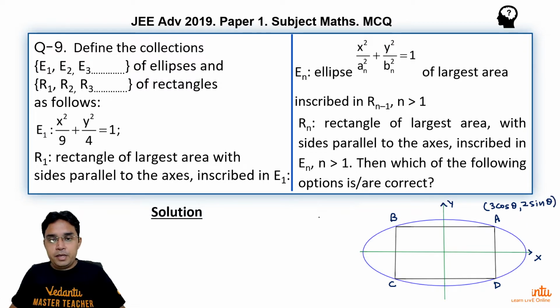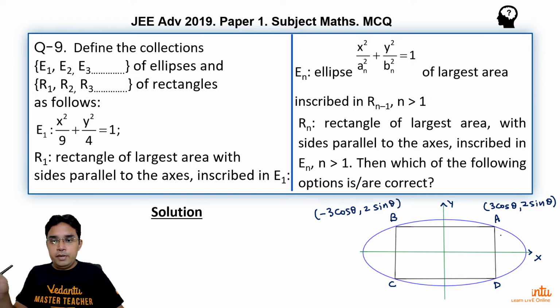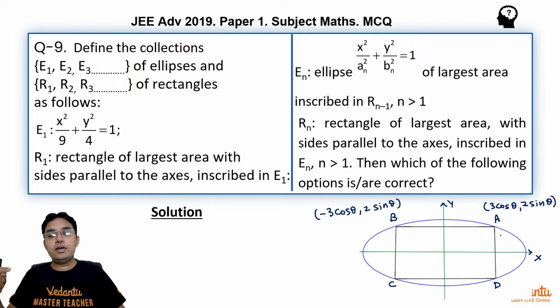The point B can be taken as minus 3 cos theta, 2 sin theta. The y coordinate will remain the same because this AB is parallel to x-axis, and the x coordinate will be just negative of what it was for A. Why is it so? We can see it by symmetry also, and there is one more reason, please understand. AD and BC are of equal length.